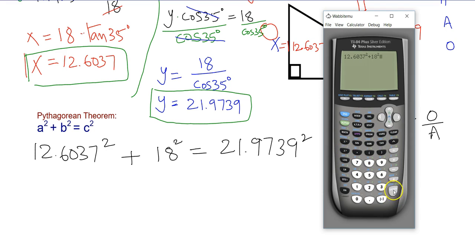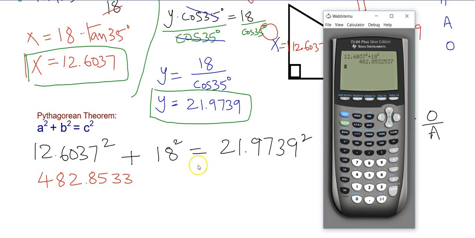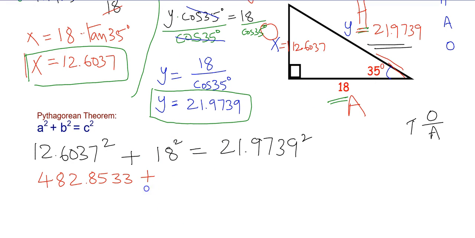Equal to how much? 482.85325, etc. So when you round it to the fourth decimal, you will get 482.8533. That's correct. This is the left hand side.